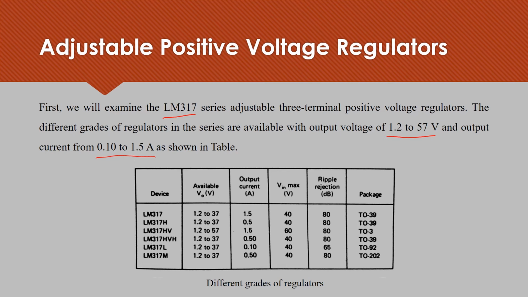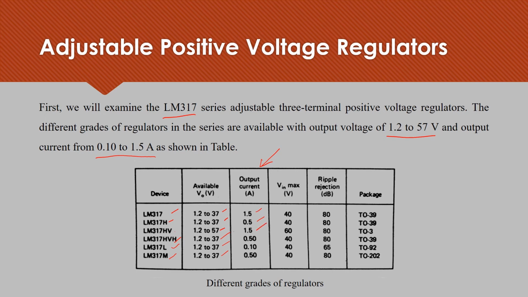You can see LM317, 317H, 317HVH, all from 1.2 to 37, and the HV, where we can vary voltage from 1.2 to 57. Output currents are variable. For the 317 it's 1.5, for the H it's 0.5 ampere, and for the 317 HV it's 1.5 ampere.